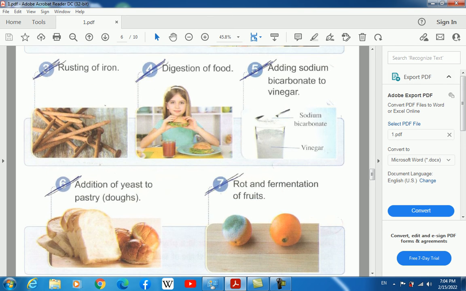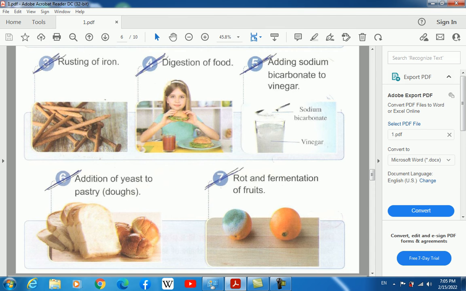Number 3, rusting of iron. It was shiny metal, then it has rust. It turns dark brown, something like that. 4, digestion of food. 5, adding sodium bicarbonate to vinegar.